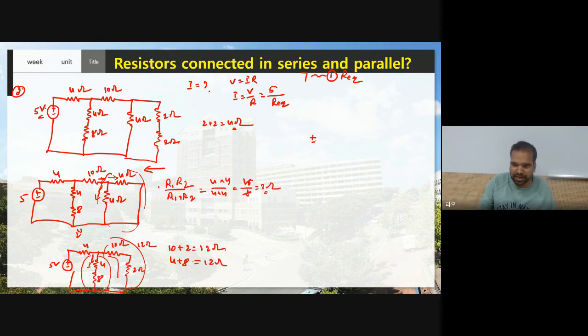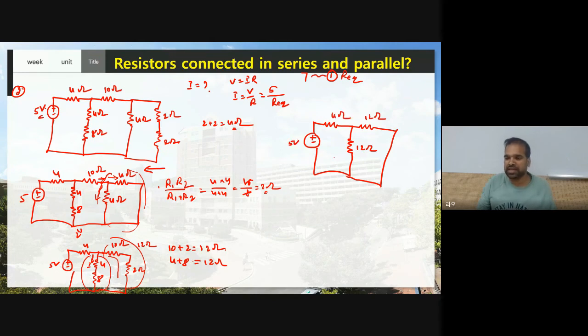Now, what would be the resultant circuit? You have a 4 ohm resistor. Instead of 4 and 8, I have replaced with a single 12 ohm resistor. Instead of 10 and 2, I have replaced it with a single resistor with the value of 12 ohm. Now this is 4 ohm and this is 5. After the current is coming here, some of the current will go to the 12 ohm and some of the current is going to the other 12 ohm. Therefore, current is different.